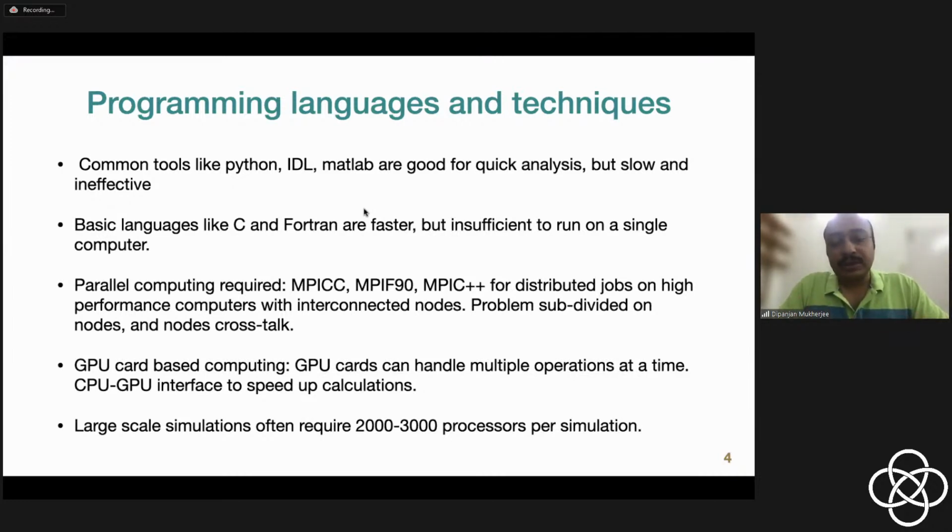The typical languages are MPI-CC, MPI-F90, or the message passing interface, MPI, for different sorts of basic compilers. So for this, we divide our entire problem into smaller subsets, and we allocate each processor to carry out a certain task and essentially distribute the problem across several different computers and then run them simultaneously.